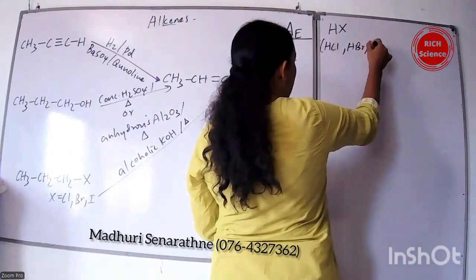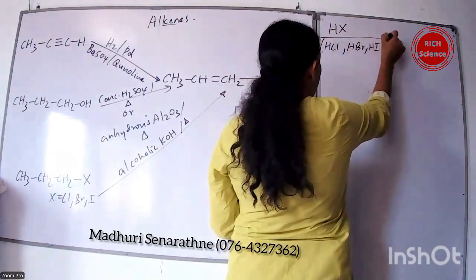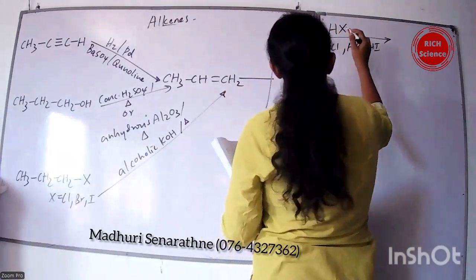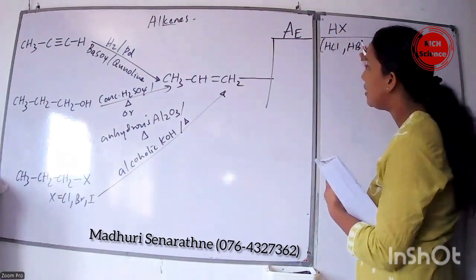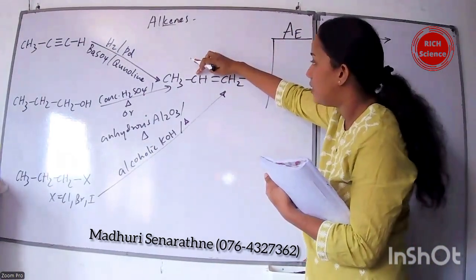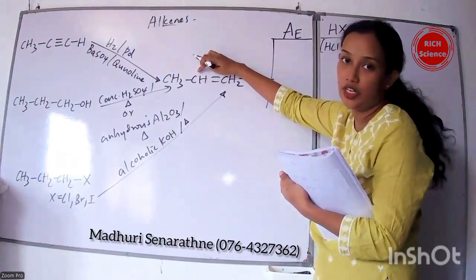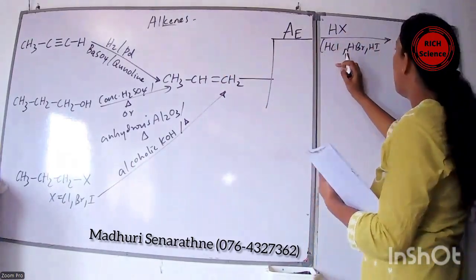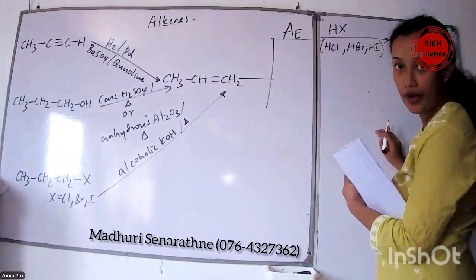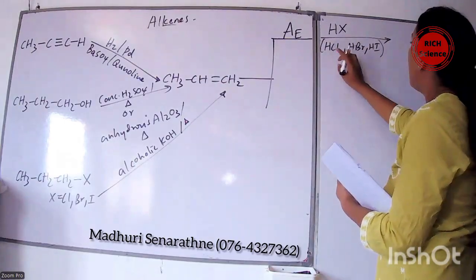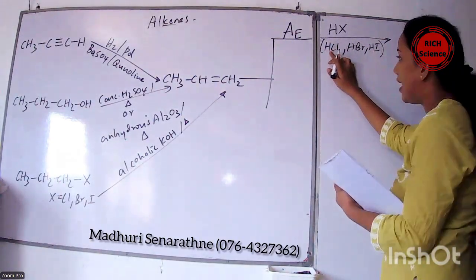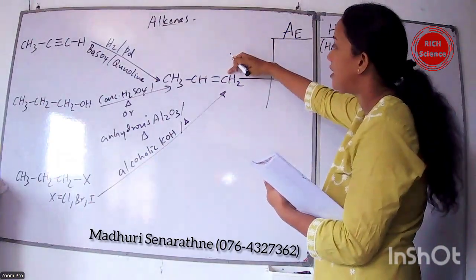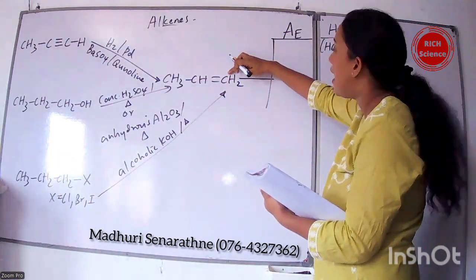HBr addition. What happened? This halogen atom, imagine if it is bromine, it goes to the central carbon of this molecule, which means usually, according to the Markovnikov rule, hydrogen of this alkyl halide binds to the carbon which has more number of hydrogen atoms.